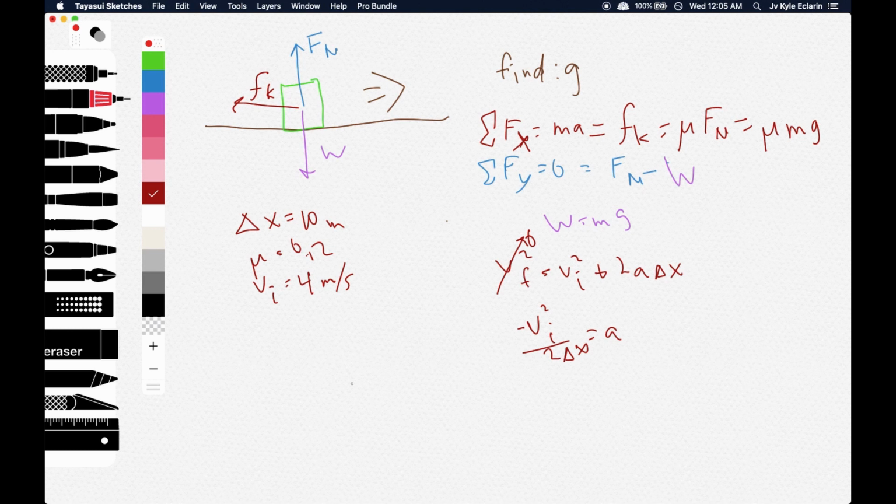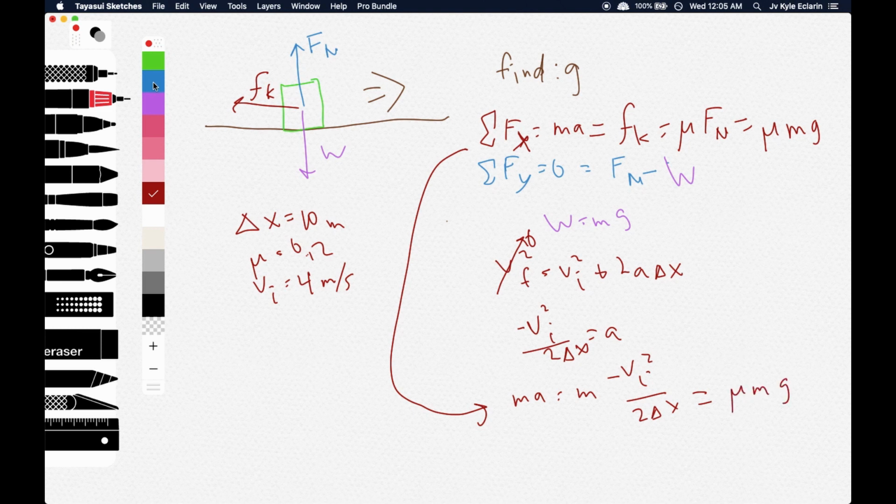So continuing on, we're going to sub all of this into this equation. So we have ma, which is m times acceleration, which is negative vi squared over 2 delta x, equal to mu mg.